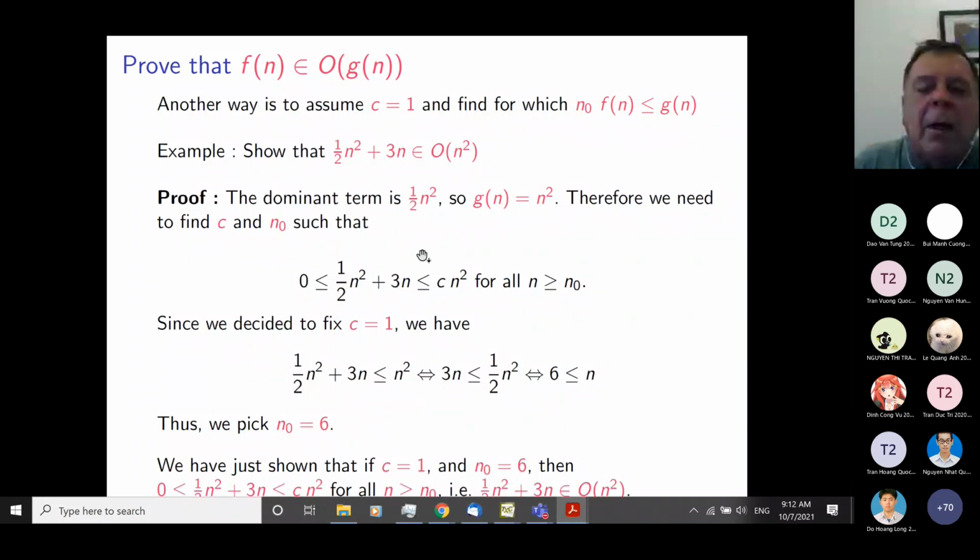So I need to make this thing here smaller than n squared, knowing that c is equal to 1. So we need to do some algebra. We will get rid of this term here, so transfer it to the other side.